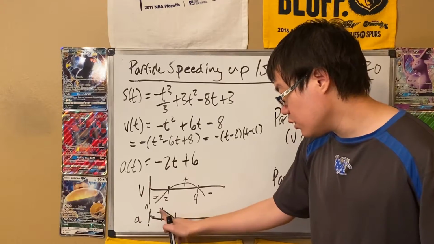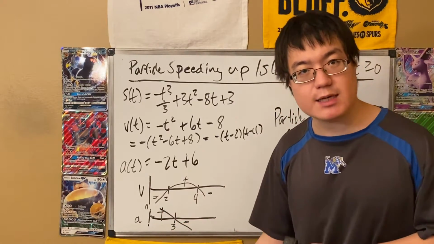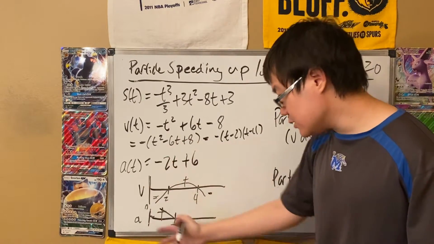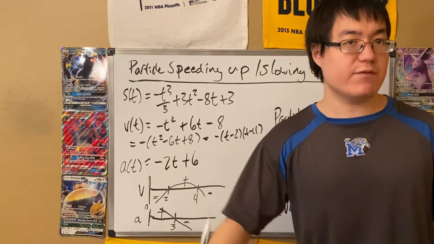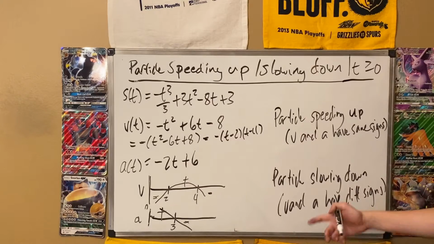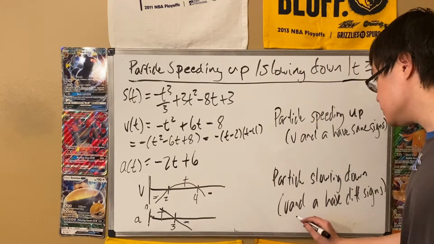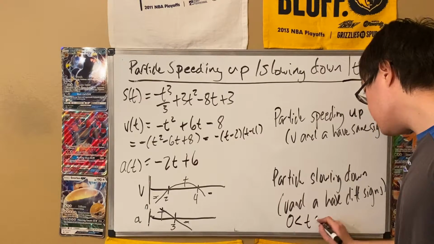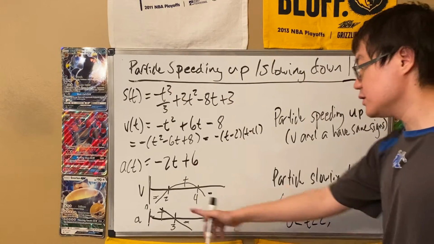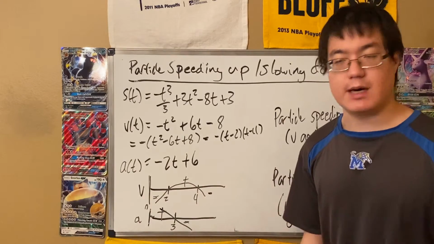From 0 to 2, around right here, acceleration is positive. So velocity is negative, acceleration is positive. They have different signs, which means the particle is slowing down from 0 to 2.